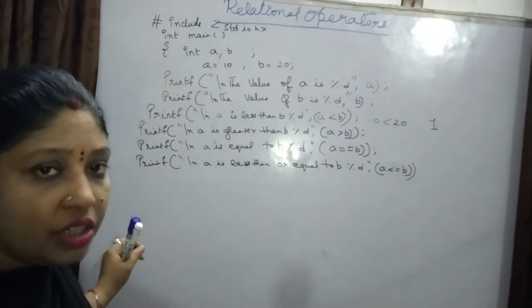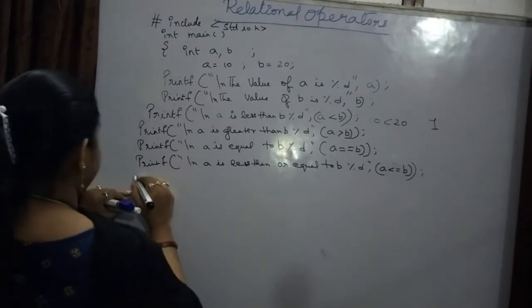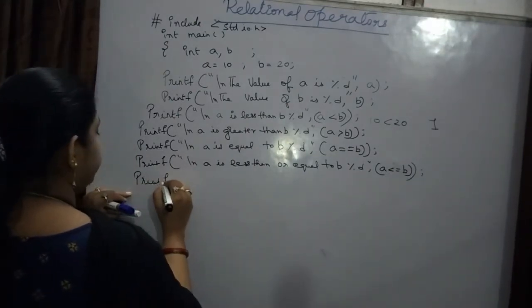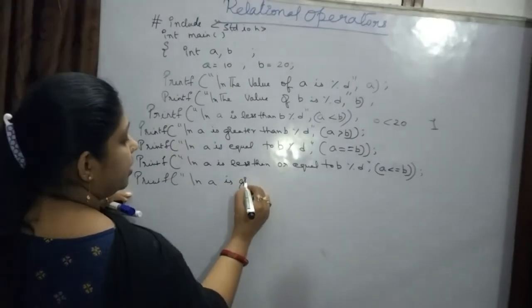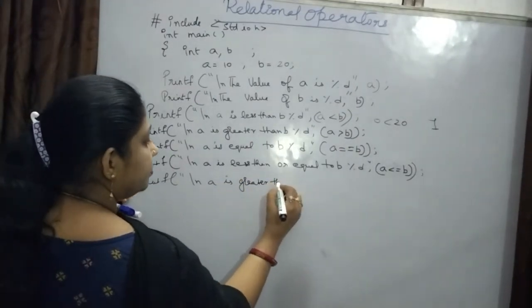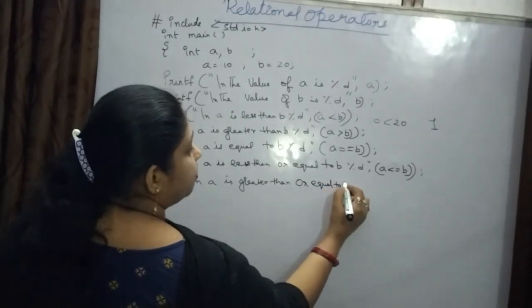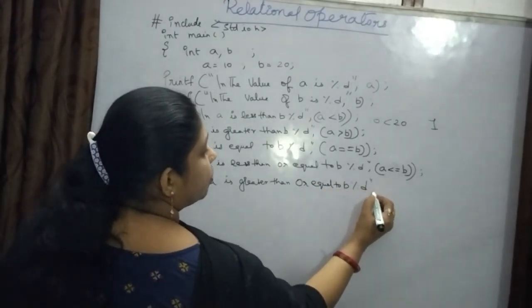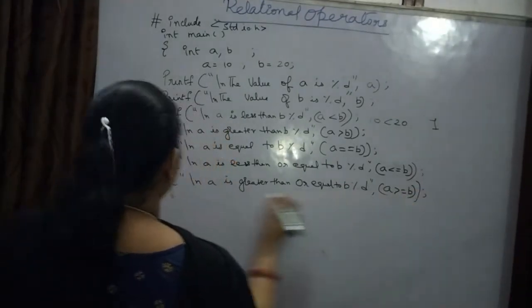If that condition is false, then it gives 0. Next, printf \n, a is greater than or equal to b. %d, close it. A is greater than or equal to b, close it.